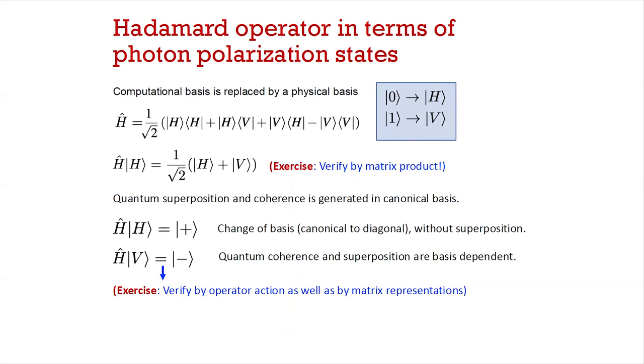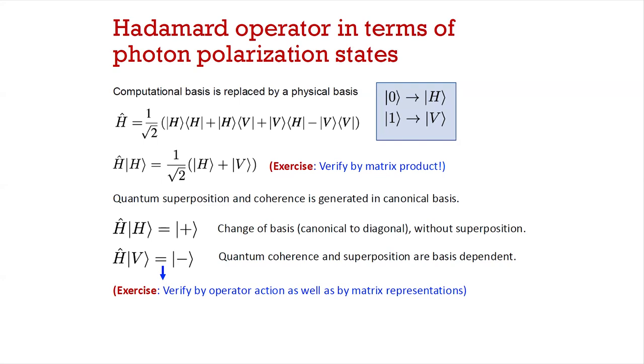If you apply this to the horizontal state, you will get an H and V superposition. And this is important, that we have quantum superposition. The nice thing with a photonic qubit is that this kind of quantum coherence or superposition is very long-lived. Because this is not interacting with the environment, even at room temperature, you can have this Hadamard gate, if you can do it.